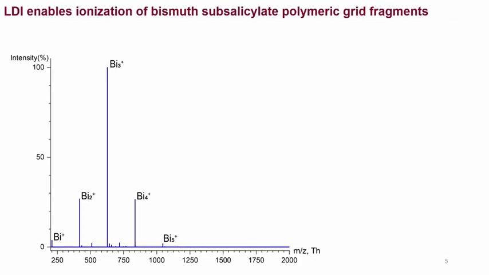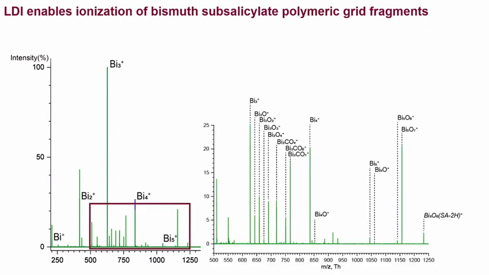So for initial characterization, we used bismuth subsalicylate, and in the first experiments, we mostly observed only clusters of bismuth of different sizes in LDI spectra of bismuth subsalicylate. But once we increased the energy for fragmentation, we observed the presence of satellite ions in the spectra, and when we annotated the ions, we found that all of them consist of different numbers of oxygen and carbon atoms.